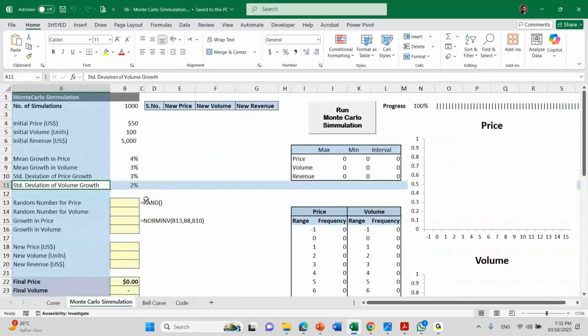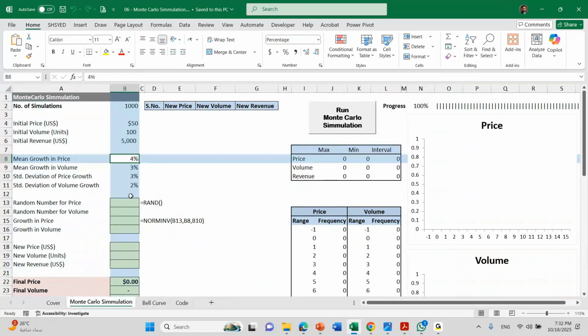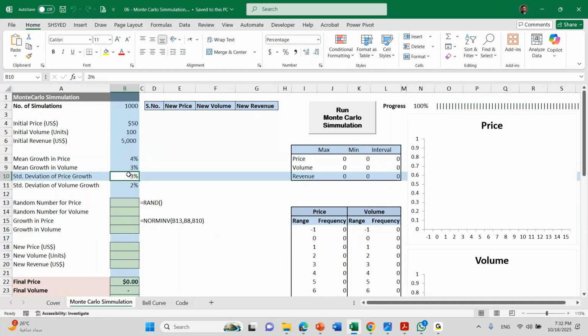Now, based on these values, you are not only looking at the initial price, you are looking at the mean growth and standard deviation of growth in price. Based on all these parameters, there are multiple functions in statistics which can give you the next possible price point.